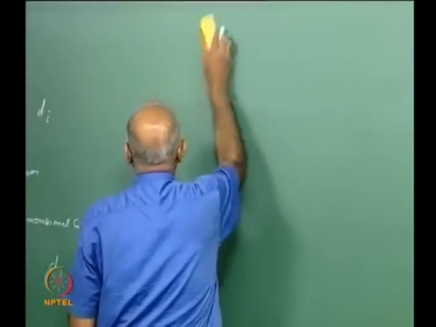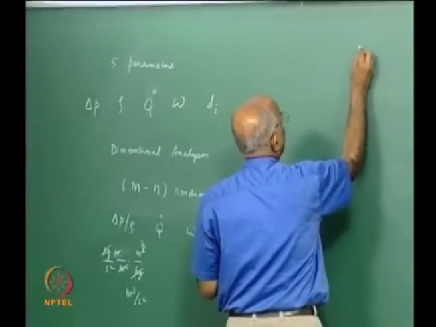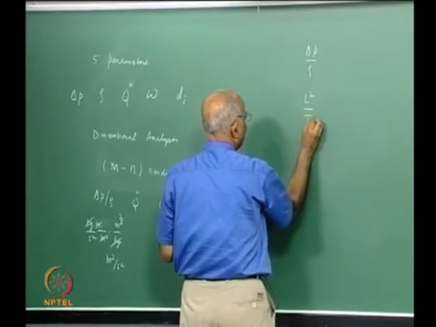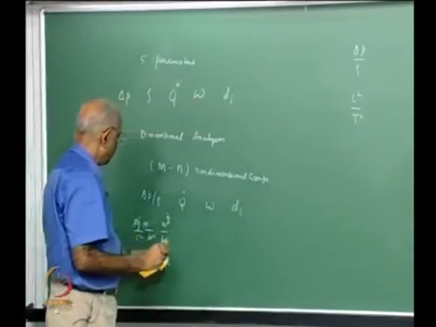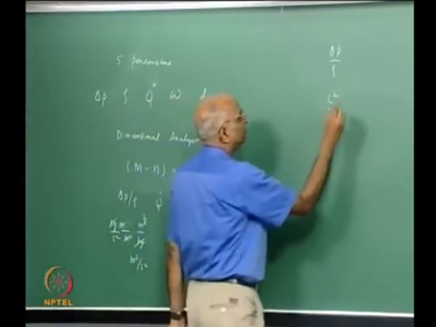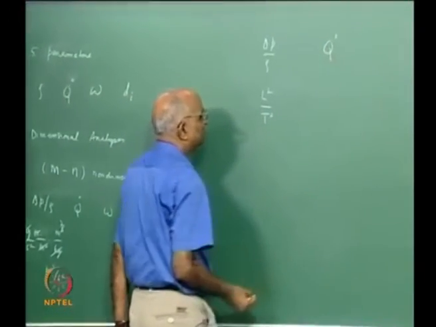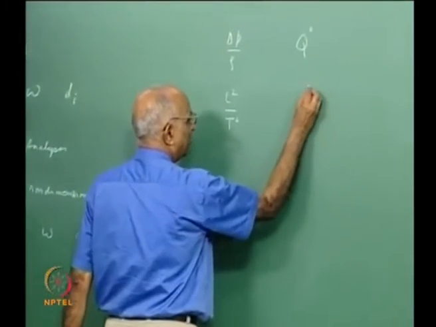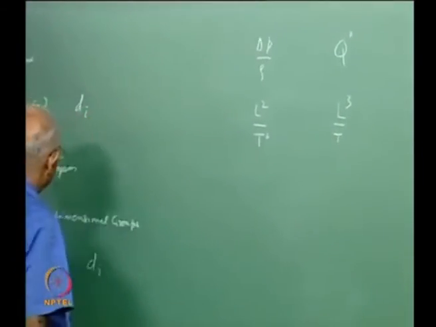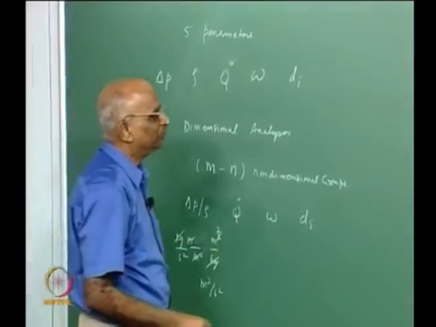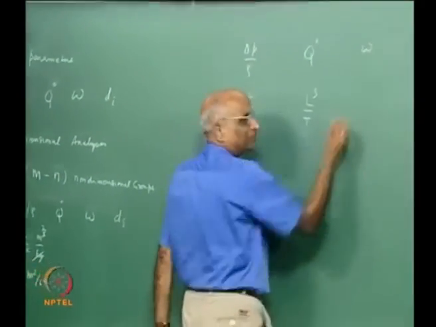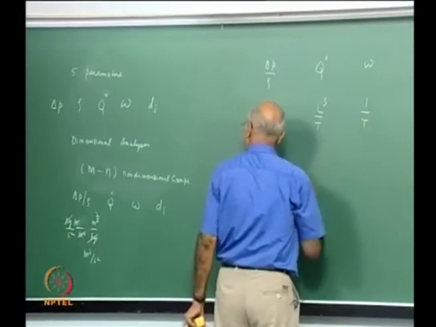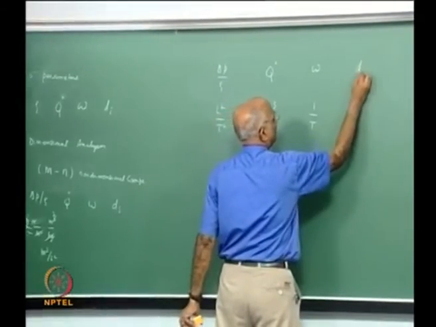The primary dimensions for this problem are: delta p by rho has unit of L squared by T square, length by time square. q dot has dimensions of meter cube per second, that is equal to L cube by T. Omega is 1 by T, and we have di which is equal to L.